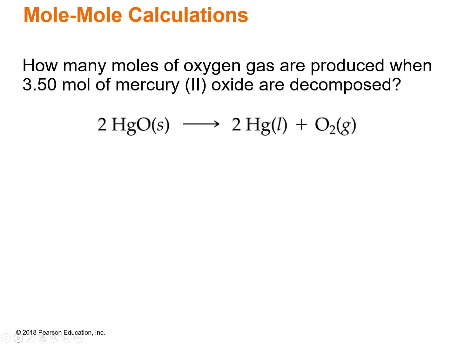So let's put this in perspective. What we have is 3.50 moles of mercury 2 oxide. And we have to figure out how many moles of oxygen gas.